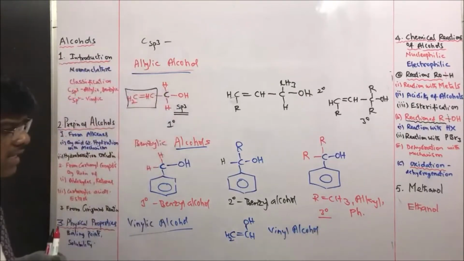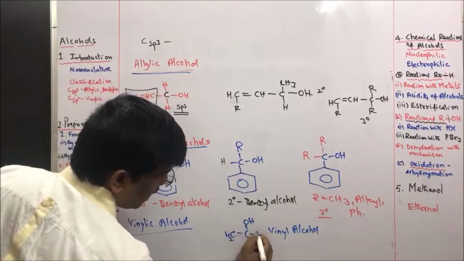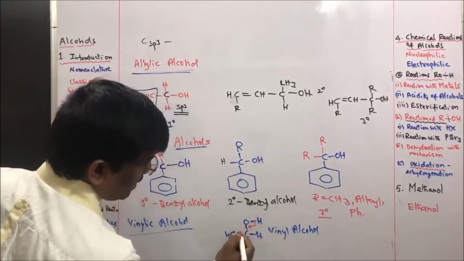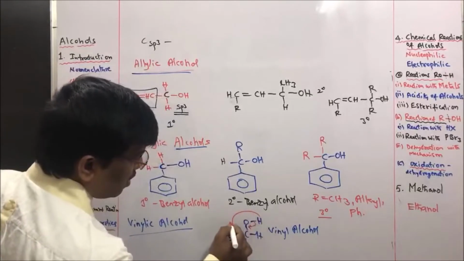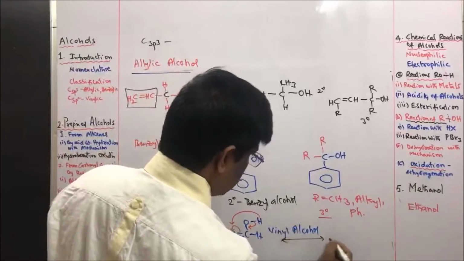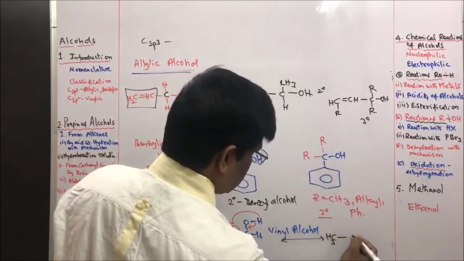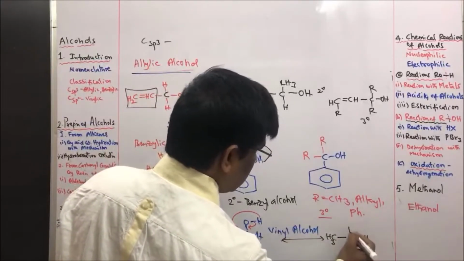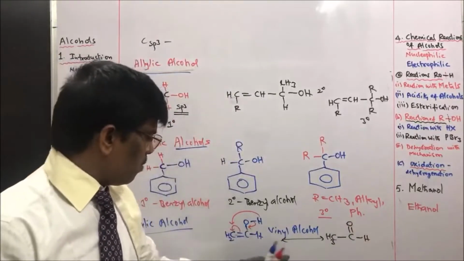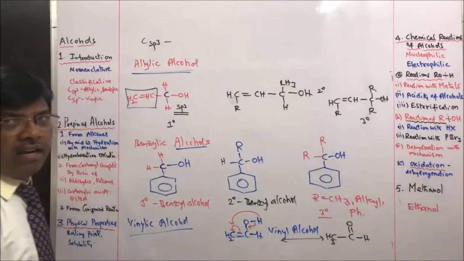It is a tautomer of, the hydrogen comes here, CH3-CH=O, acetaldehyde. The acetaldehyde tautomer is vinyl alcohol like this.